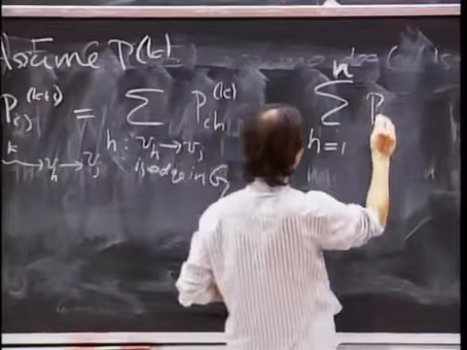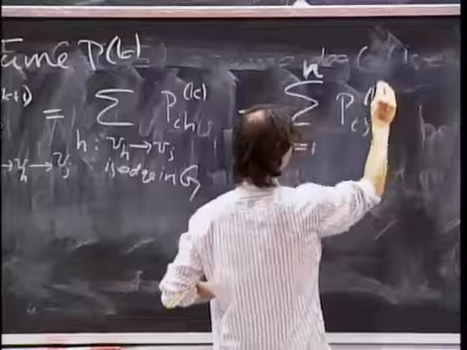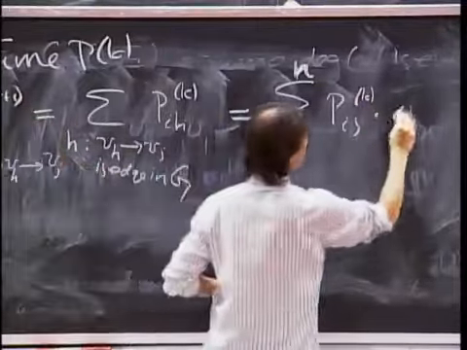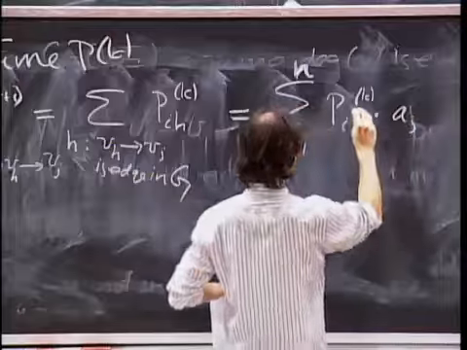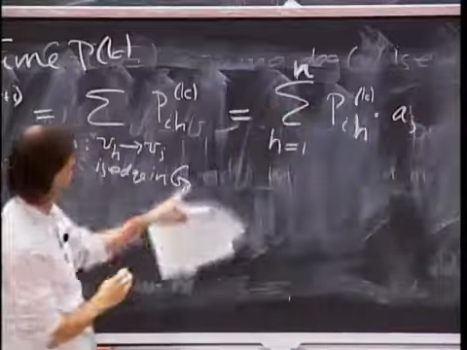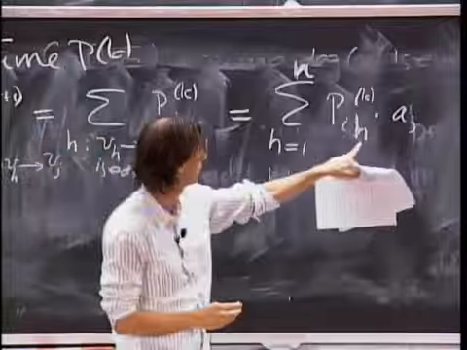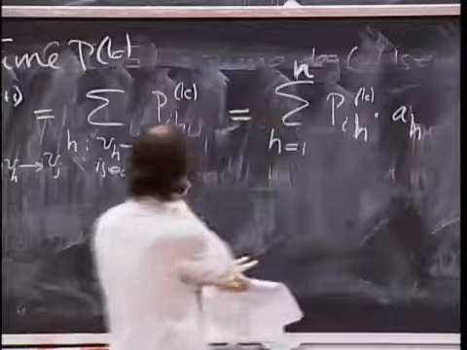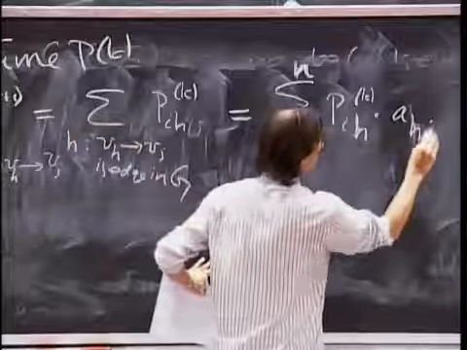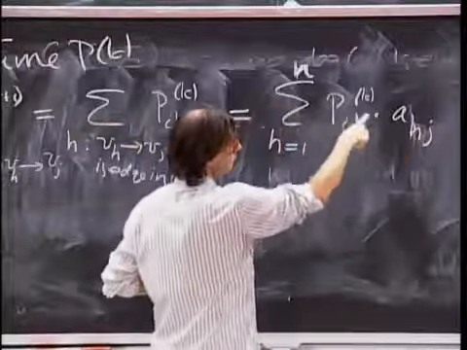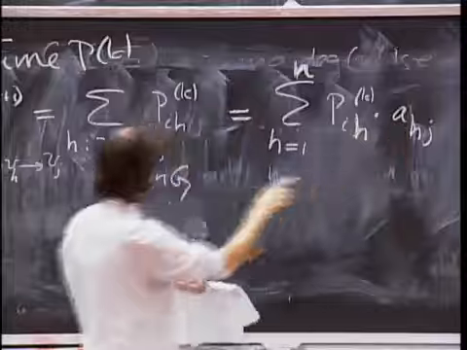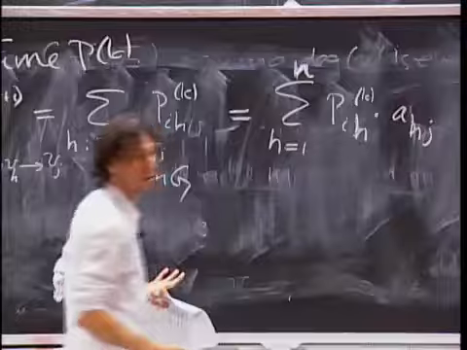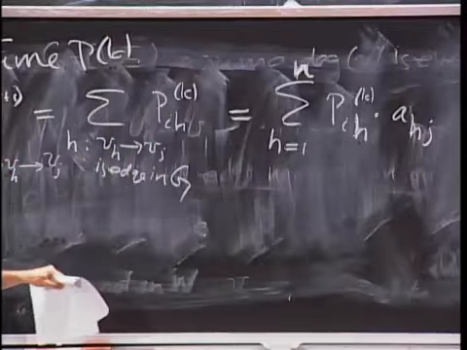And then write p_ij k times, and then a_hj, oops, this should be an h. So we have the same over here. And then we have one edge from h to j. So I only count this number over here if this is equal to 1, and that happens exactly if there's an edge. I do not count this if there's a 0 over here, that is if there's no edge.